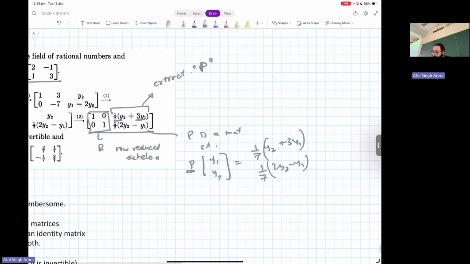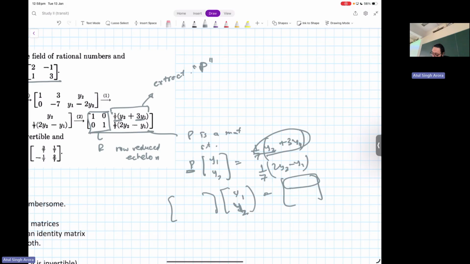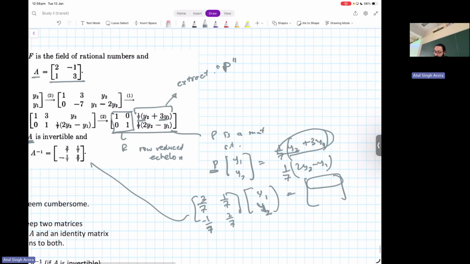Can someone tell me what this matrix should be? We want the first entry to be this, so the coefficient of y1 is 3 by 7, the coefficient of y2 is 1 by 7, then this one is minus 1 by 7, and the last one is 2 by 7. You see this is exactly the matrix that they also have. So that's the matrix P.